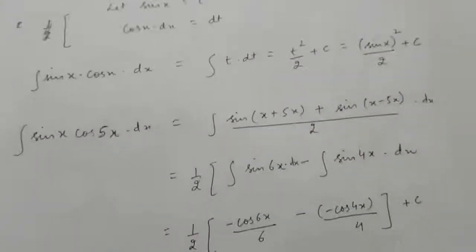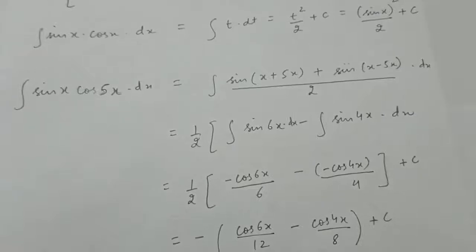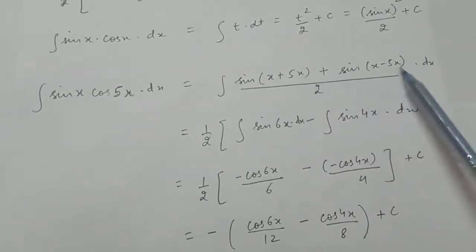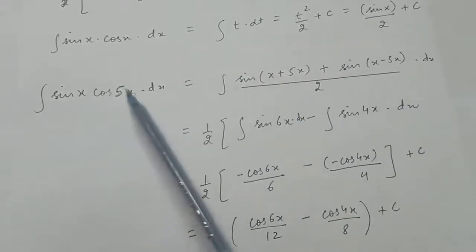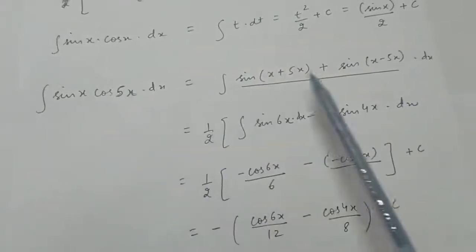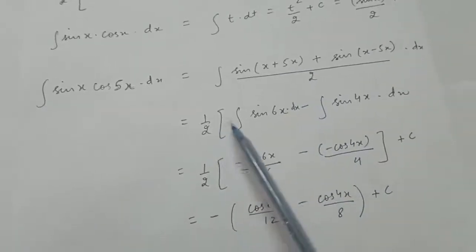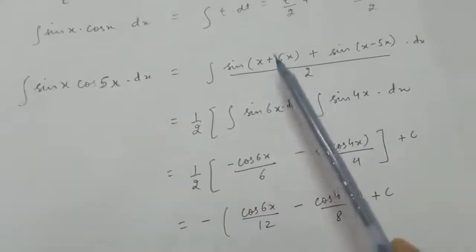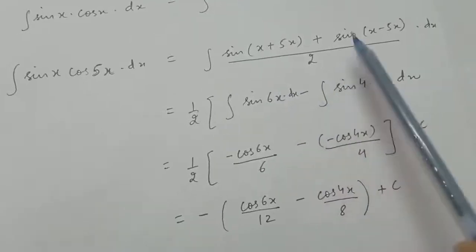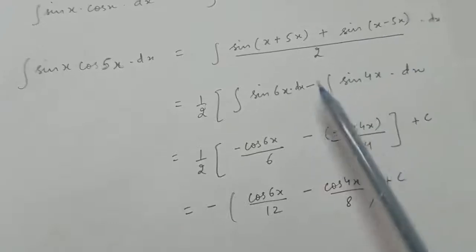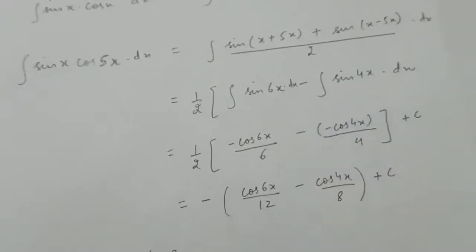So this is equal to sin (a plus b) plus sin (a minus b), where a is x and b is 5x upon 2. Now taking 1 by 2 outside from the integral, you will get integral of sin 6x. Now this will be sin (minus 4x), and sin (minus 4x) is minus sin 4x.